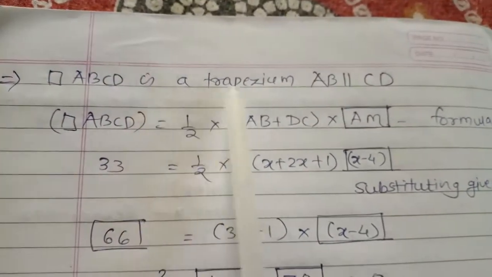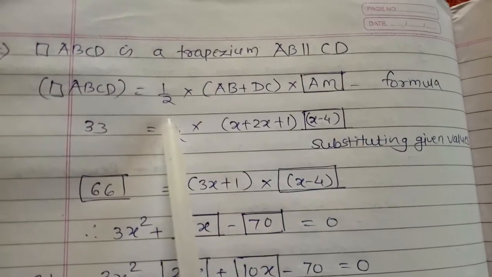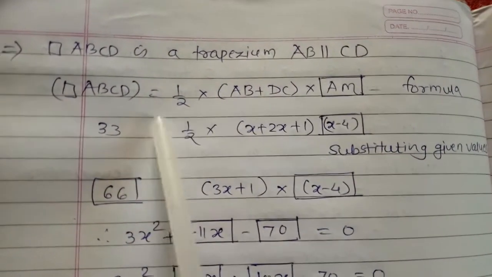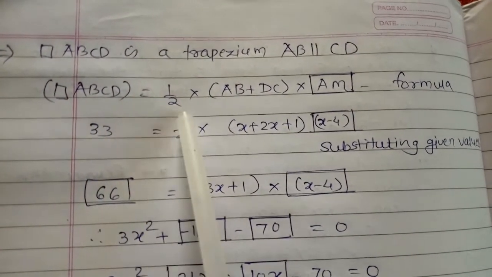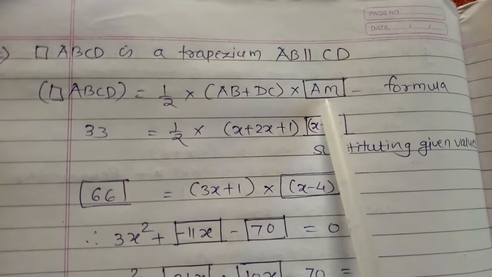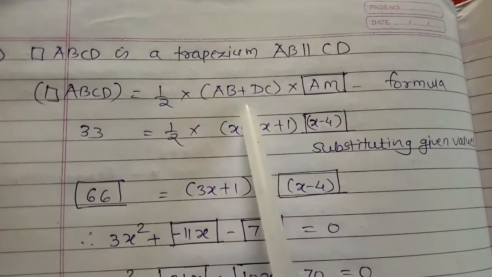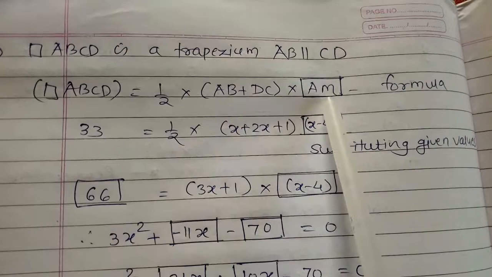So quadrilateral ABCD is a trapezium and AB is parallel to CD. So we use the formula for the trapezium. Area of quadrilateral ABCD is equal to half into sum of the parallel sides into height. So the parallel sides are AB plus CD and the height is AM.